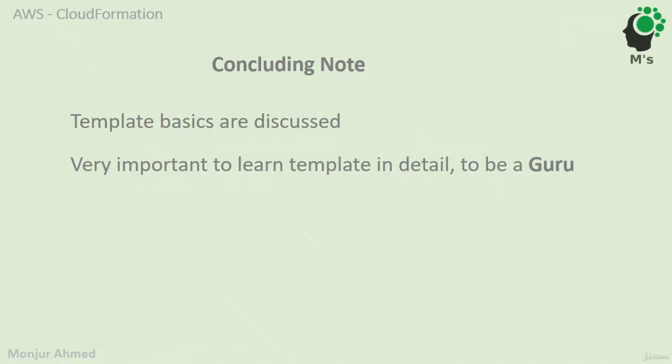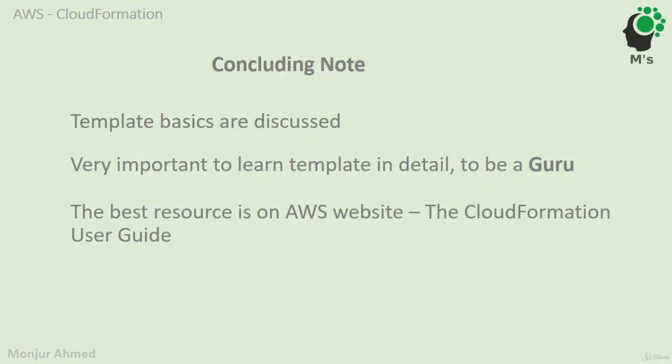Also, for any other AWS service, not just CloudFormation, the best resource you can find is on the AWS website. Just search for developer guide or user guide. For example, you can search for EC2 user guide. In the same way, you can search for CloudFormation user guide.